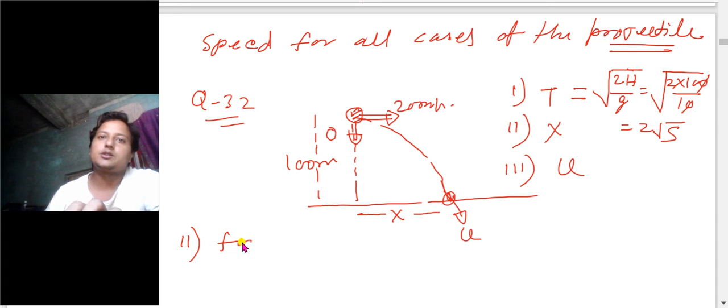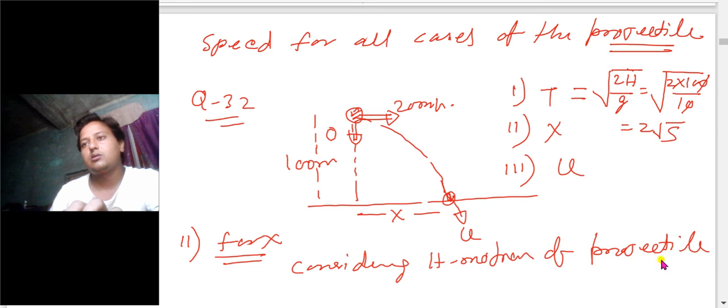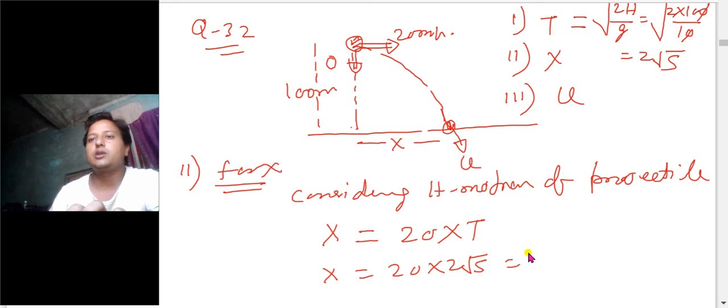Now for x, considering horizontal motion of projectile, distance equals speed multiplied by time. So distance equals 20 multiplied by 2 under root 5, 40 under root 5 meter.